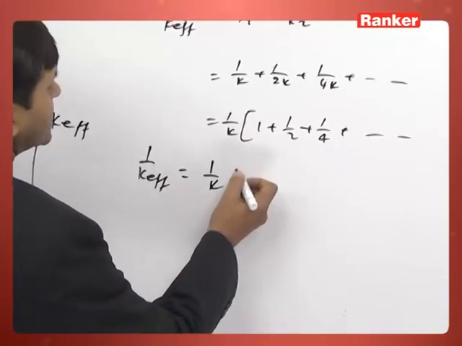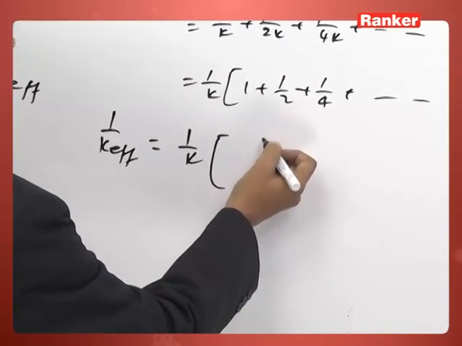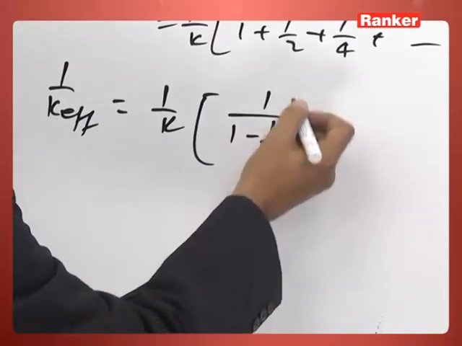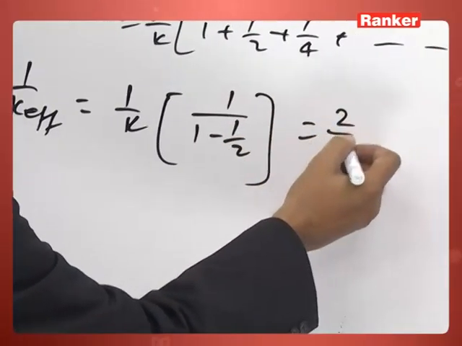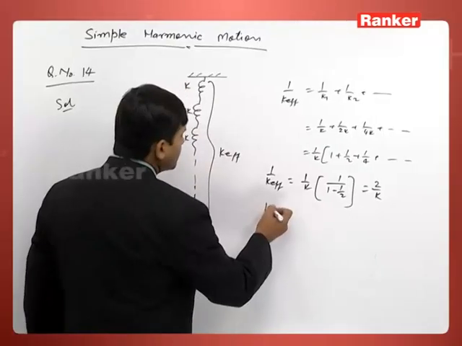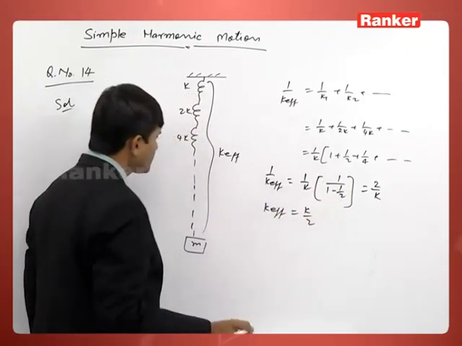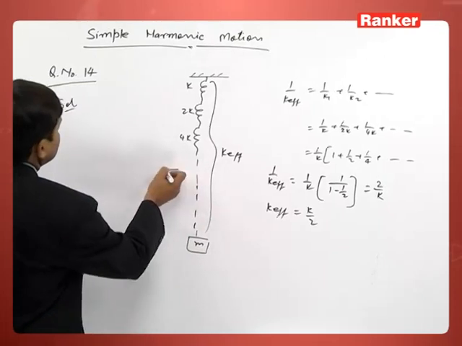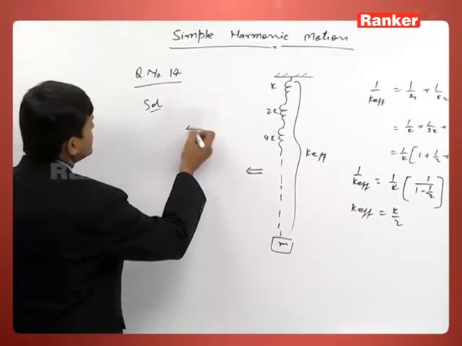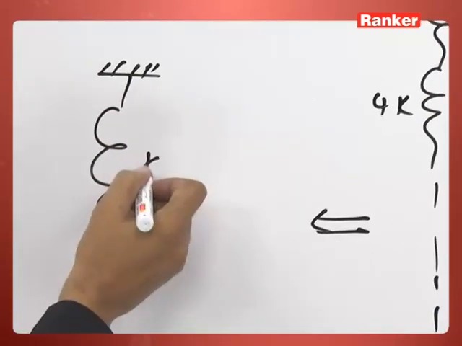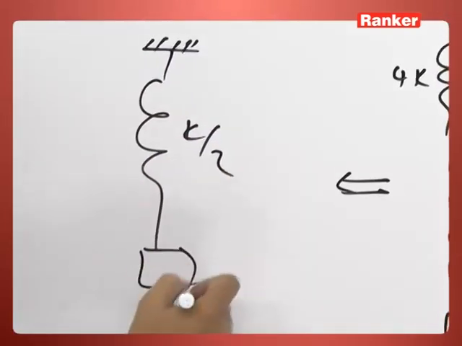The sum of the infinite series is a by 1 minus r, that is 1 by 1 minus 1 by 2. So this will be 2 by K. So from here we can get K effective as K by 2. Now this is just like one spring of force constant K by 2.